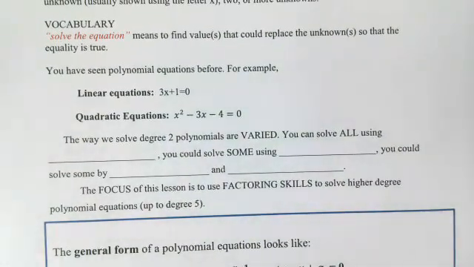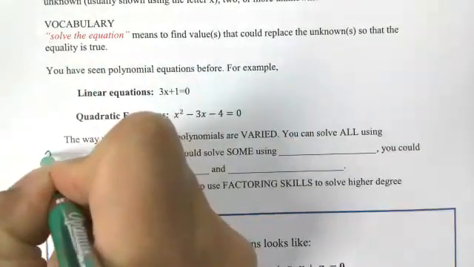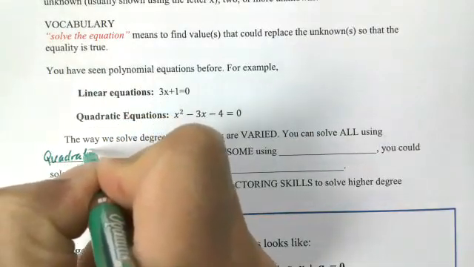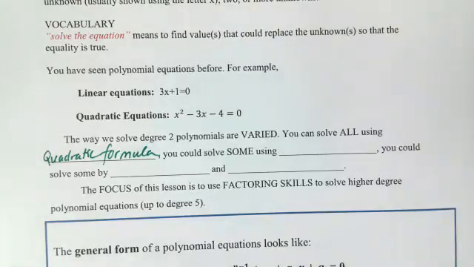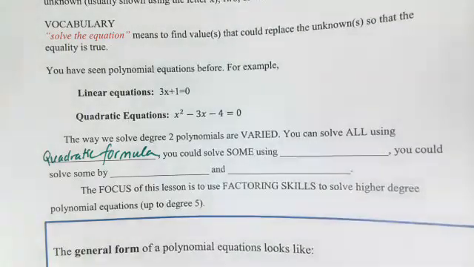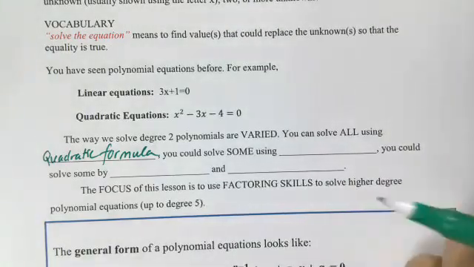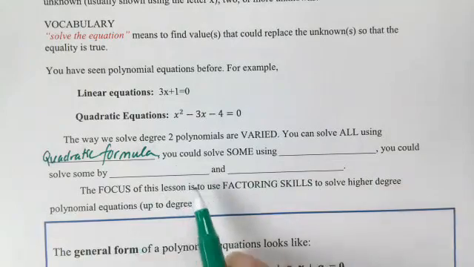Any quadratic in general form, where we can see the coefficients A, B, C, you can solve with the quadratic formula. The quadratic formula is in your formula sheet, and you can have it for your tests, so you don't have to memorize it. We will be using it sometimes, I think today or next class, as a revision.